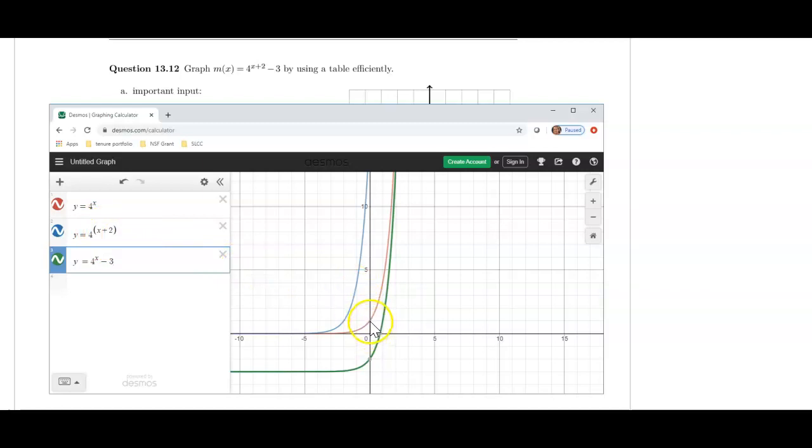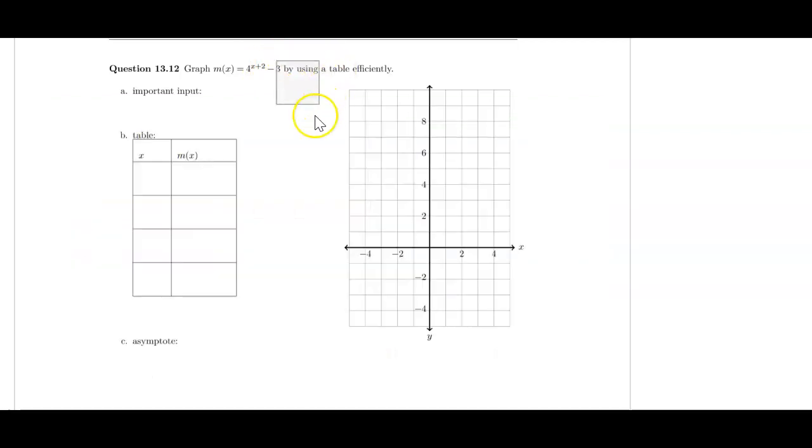If I compare where my y-intercept is, it was here, and then it moved down 3 places from where it was. And now look at that, it moved my asymptote also. So this minus 3, if it's subtracting off 3, is moving that down, which moves your asymptote down to the line y equals -3.